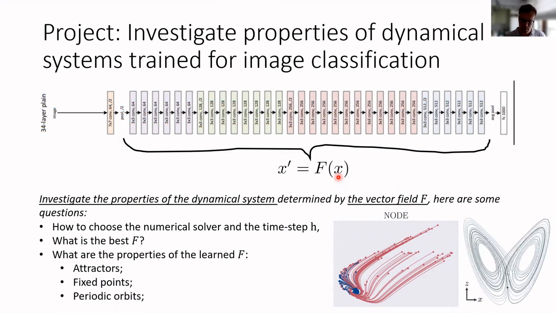Or periodic orbits, so maybe we should look for solutions that are periodic in time. And actually, there's a recent paper where they showed that you should look for more periodic solutions in this context, because you don't want the feature space to be contracted into some fixed point.